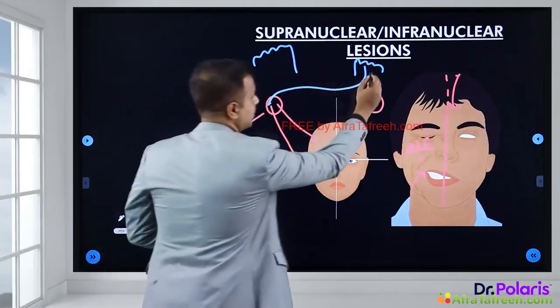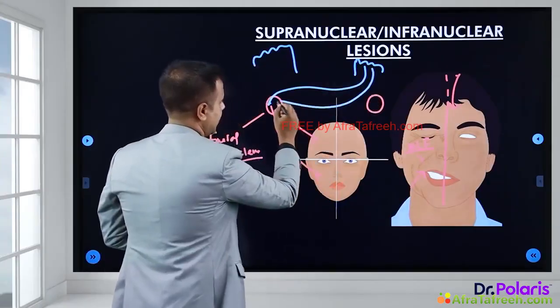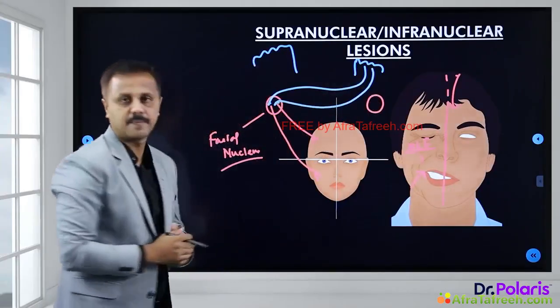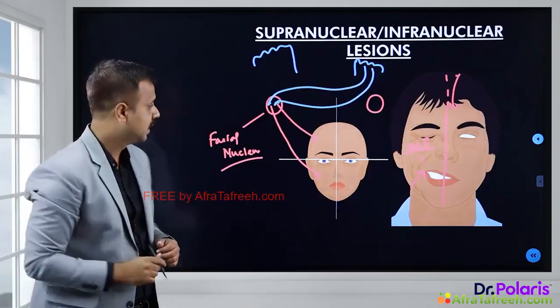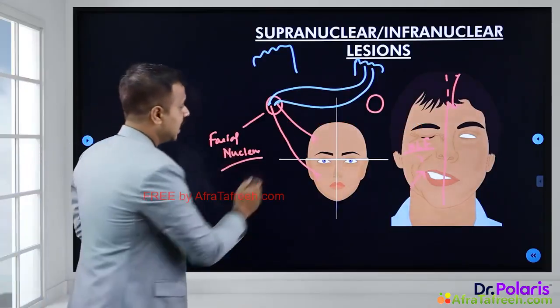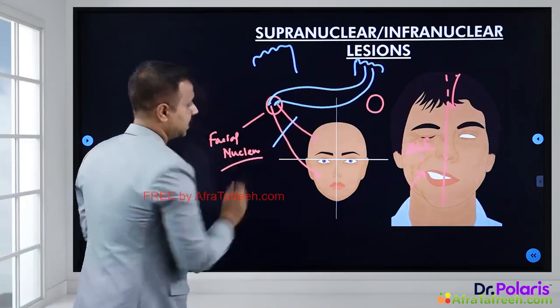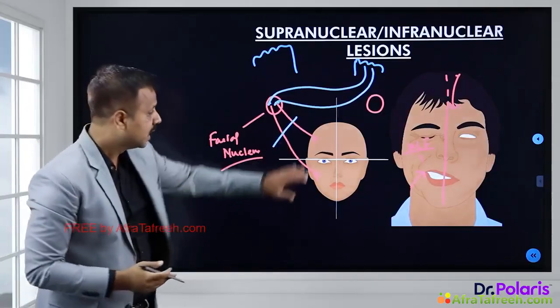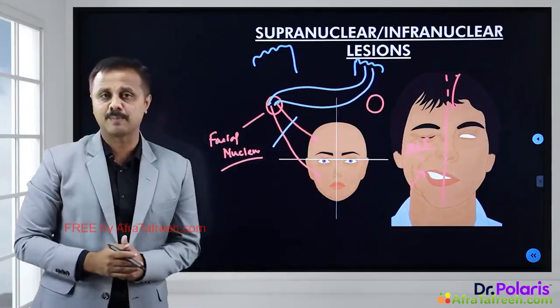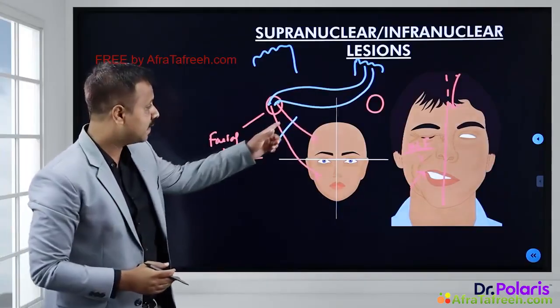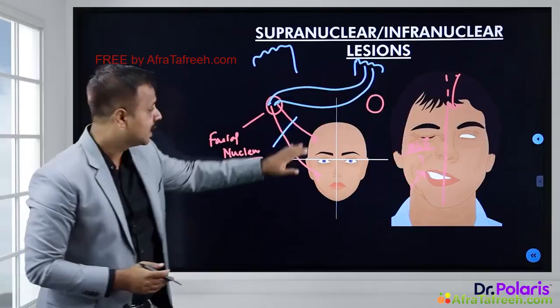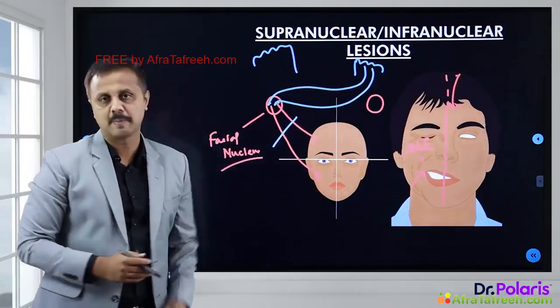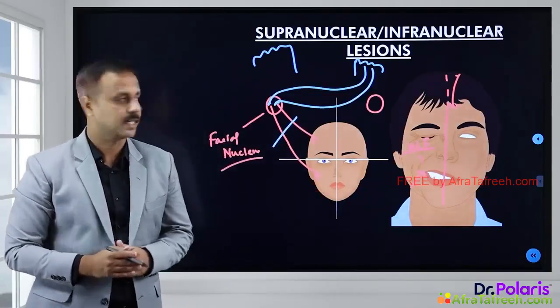So this is true even for the fibers which will supply the upper half of the face. Now imagine I'm cutting through these fibers, the lower motor neurons. What do you expect? Denervation of the muscles on the same side. So this is why whenever we have lower motor neuron lesion, the entire half of the face is paralyzed.